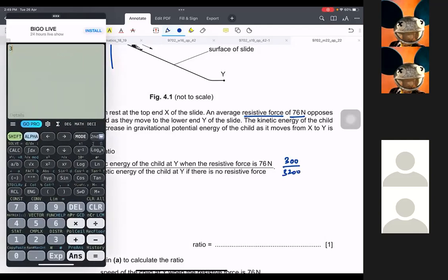So 0.094. Now in ratios, fractions are not allowed. Do not attempt to write fractions, it would be wrong. And you should always write to the correct significant figures. Okay, please, one moment.